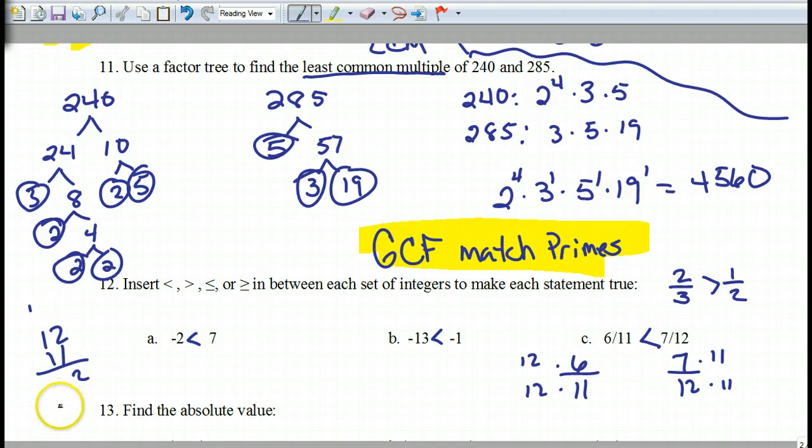No, 121 is 11 times 11. So 121 plus 11 is 132. Okay, so it'll be 132 on the bottom. And 12 times 6 is 72. And then 77 over 132. So which one's bigger? Obviously that one. Okay, so yeah, finding greatest common denominator. That's another way of doing it.